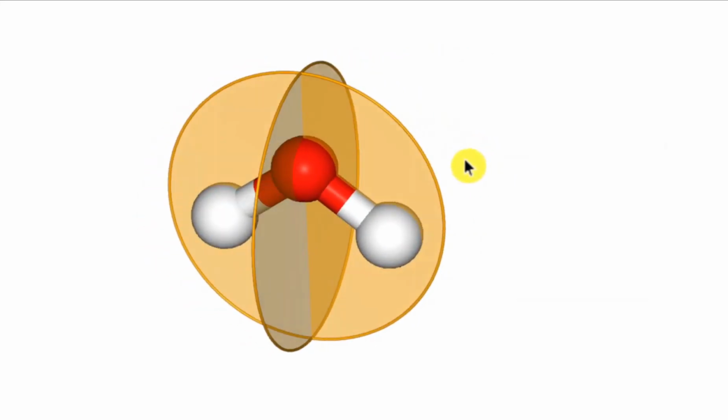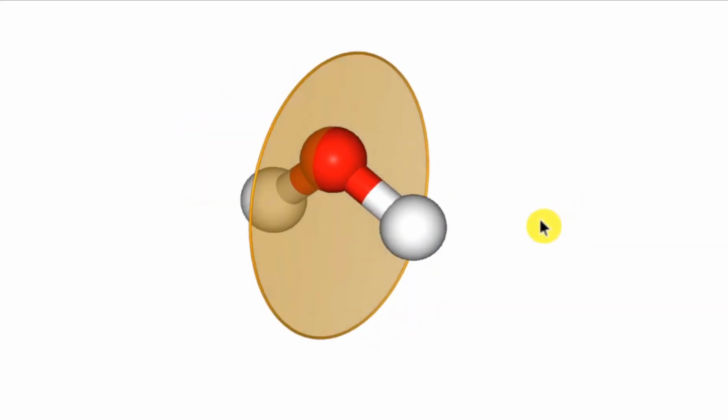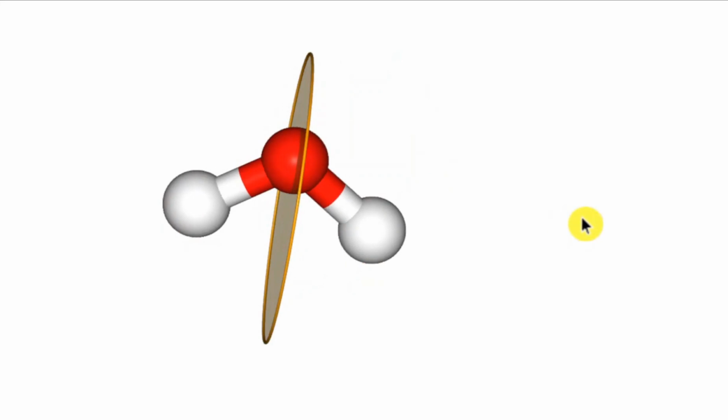This is the molecule. This is the second plane. So this is the other plane. Now the reflection through this plane leaves the oxygen atom unshifted and the other 2 hydrogen atoms exchanged.